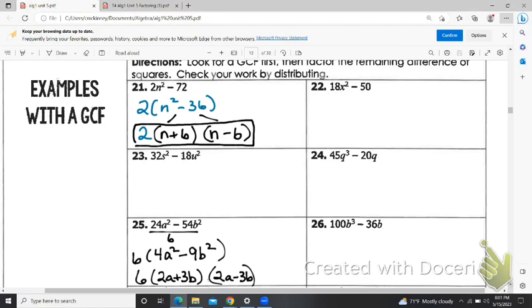Common factor could be you have to take out a b. And remember, still any GCF like 4.